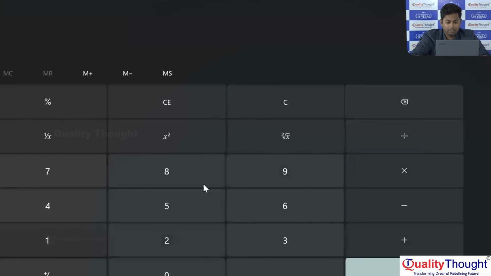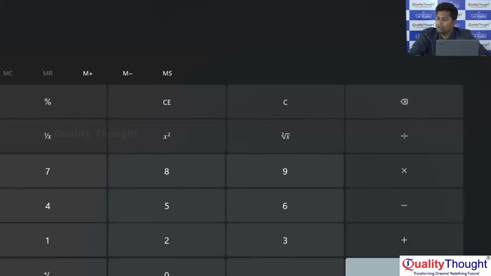When I say 1 divided by 1000, how many precision values did I get here? 3 precision values, correct? 0, 0, 1 is the precision value. Now if I want to store only 0, 0, I can say decimal 10 comma 2. That means I want to store 2 precision values.